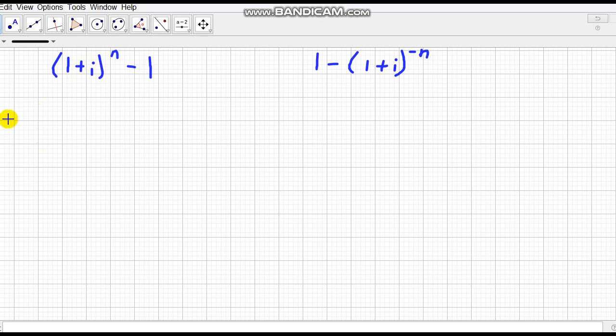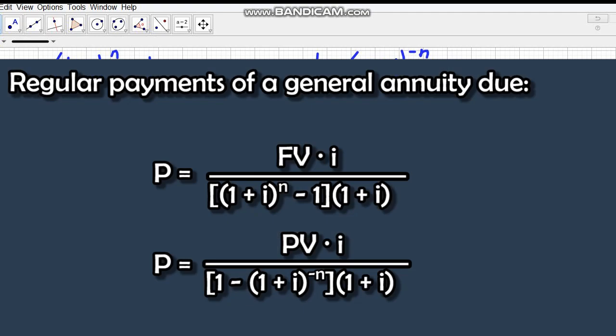So for annuity due, it will be P is equal to future value times i all over the quantity 1 plus i raised to n minus 1, then multiply that with 1 plus i. So that's for the general annuity due with the future value given.